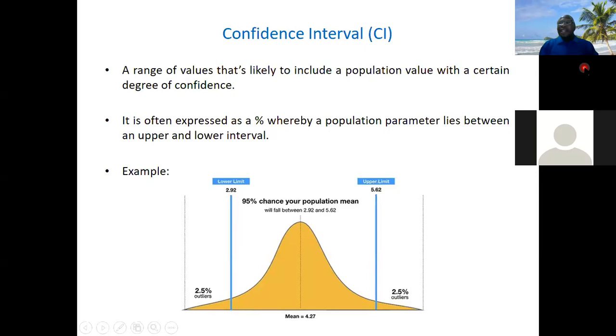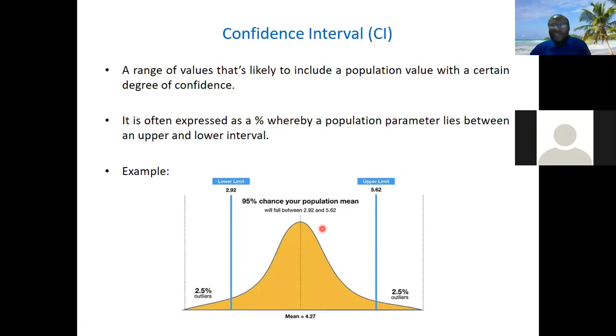That degree of confidence is the reliability factor. If the level of confidence is very low, it's not as reliable as one with a higher level of confidence. The confidence, that reliability factor, is often expressed as a percentage, whereby the population parameter lies between an upper and lower limit.